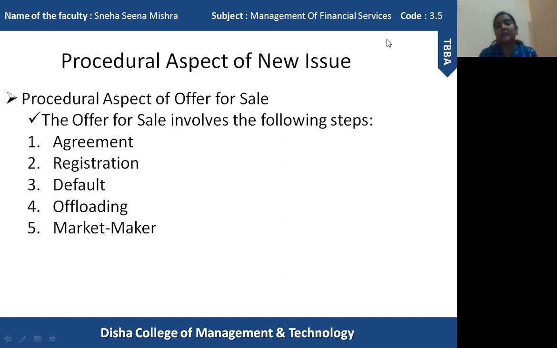This 3-year time period is the lock-in period. After that it is up to them whether they want to keep those shares with themselves or resell the shares to the general public.